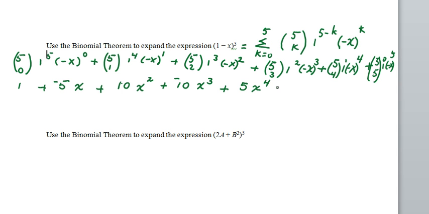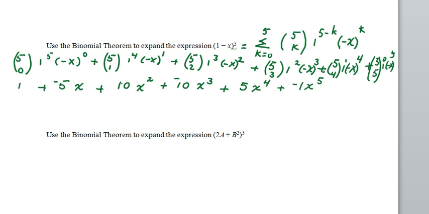And lastly, one times the opposite of x to the fifth, or negative 1 x to the fifth. Instead of adding a negative for the second, third, and fifth terms, you could certainly write a subtraction.